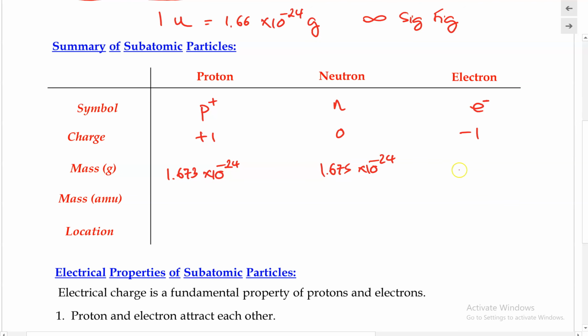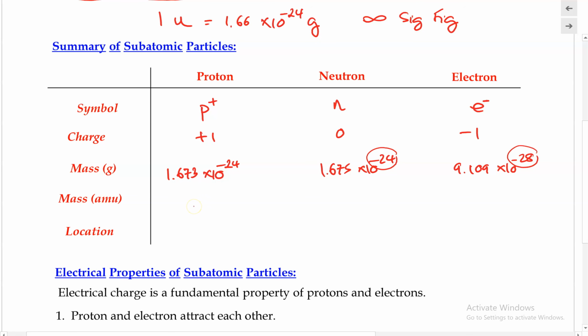And the mass of the electron is 9.109 times 10 to the negative 28 gram. So we can see the mass of the electron is much smaller than the mass of the proton and the neutron. So negative 28 versus negative 24, we can see that both the protons and the neutrons are about 10,000 times heavier than the electron.